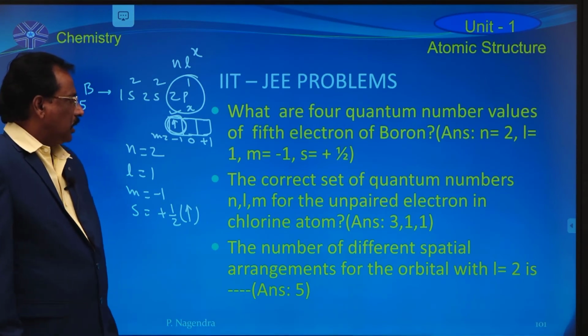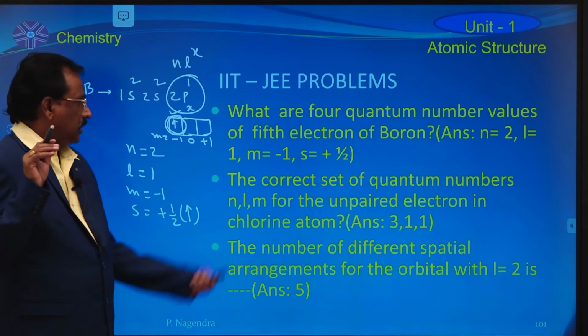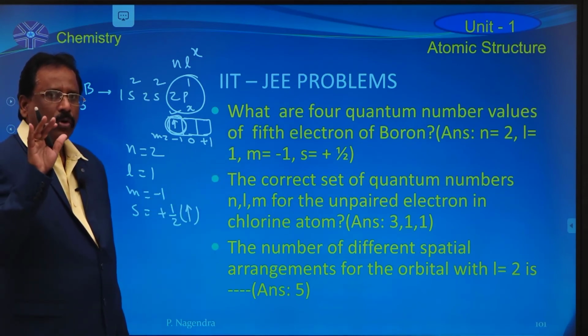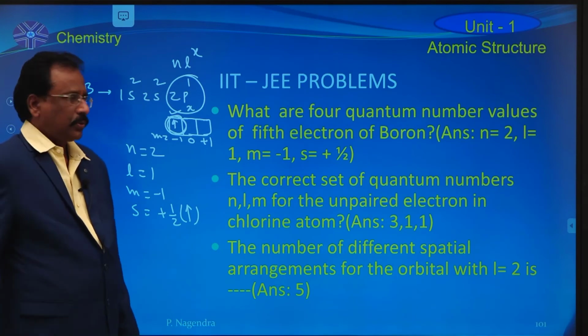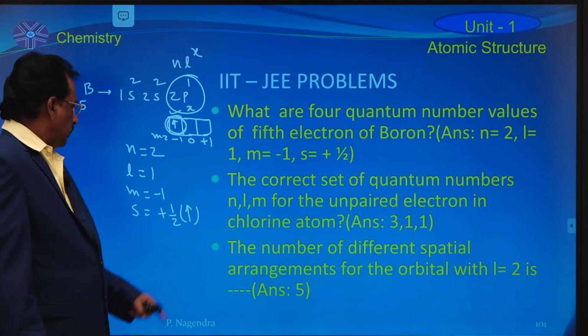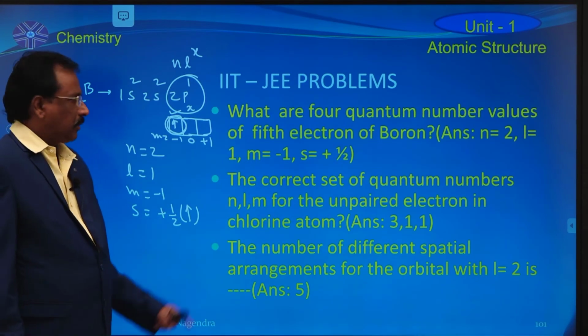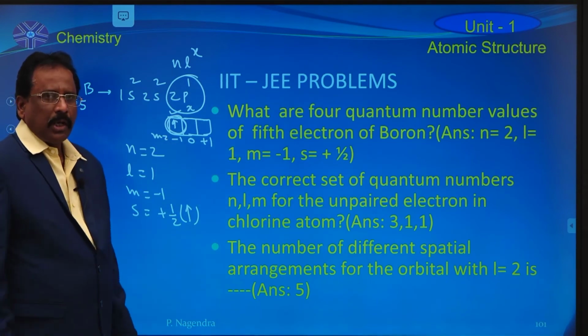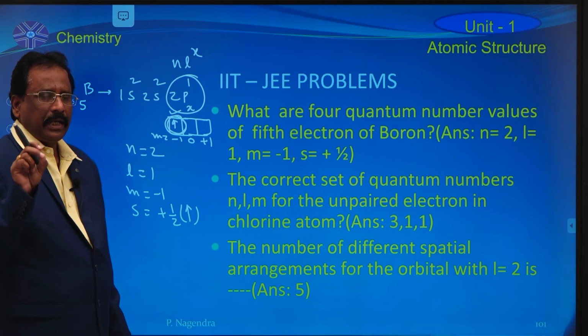So it is already known to you, each and every electron has 4 quantum number values. This 5th electron is present in the px orbital, that means in the p subshell, and that p subshell belongs to the second energy level.